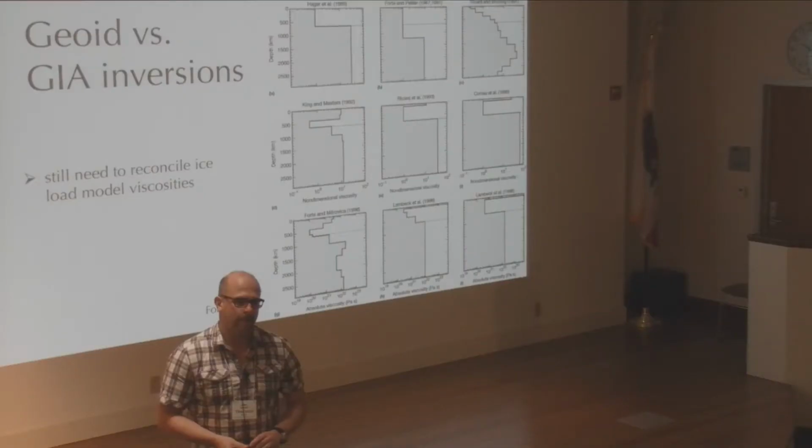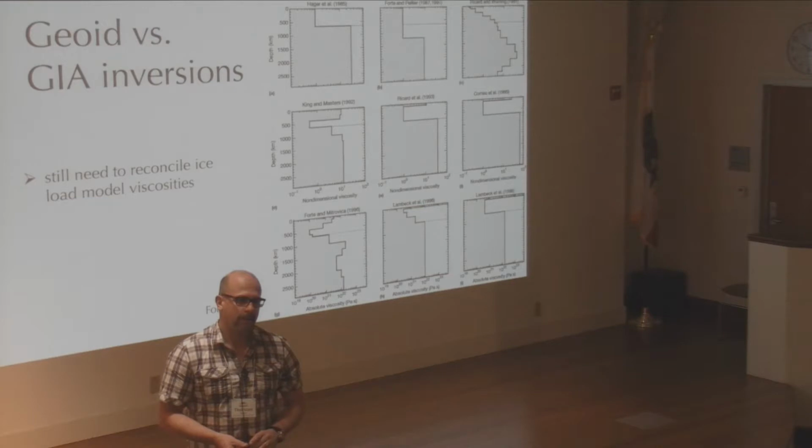I'd go a little easier on the geodynamicists in this case. The geoid models and the post-glacial rebound models have very little resolution of radial viscosity structure, even in an ideal world where there's very little lateral viscosity variations.